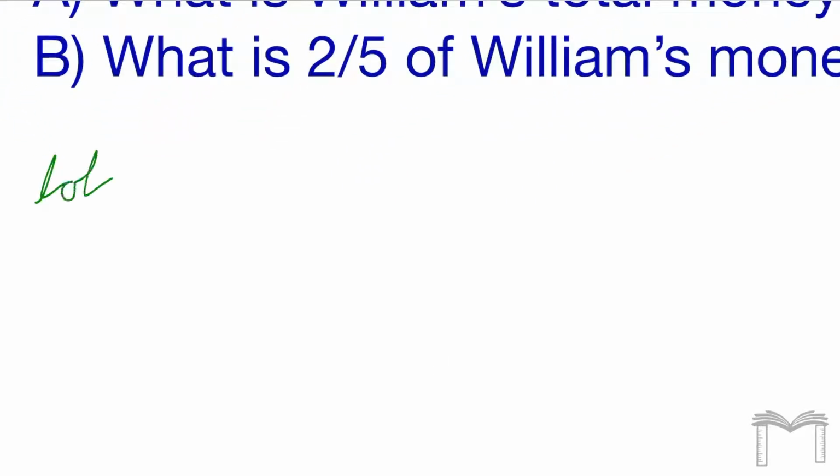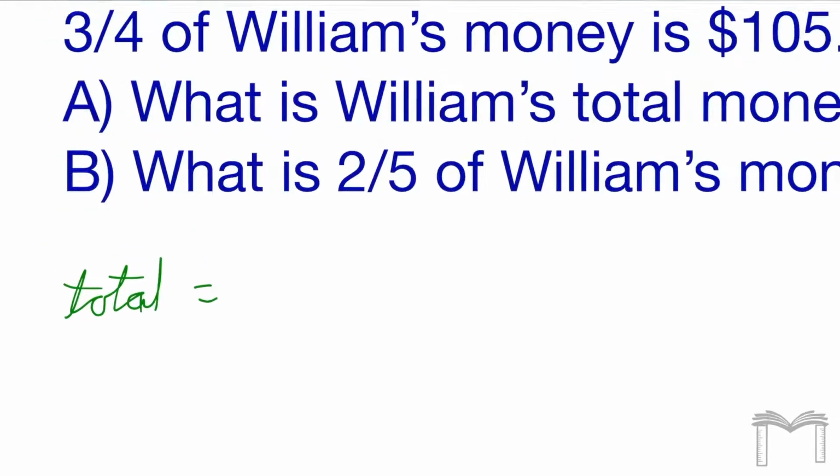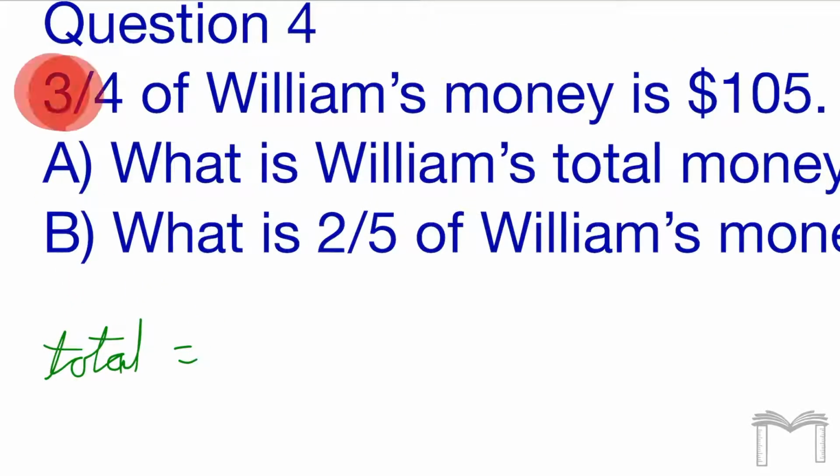So the total, we flip the fraction and multiply it by the amount it is equal to.